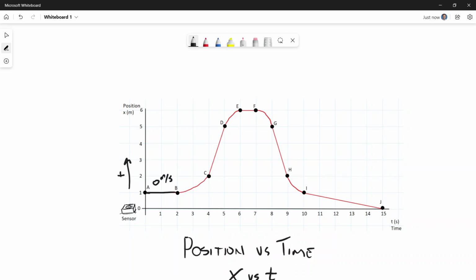However, what happens from B to C? Well, from B to C, the slope is flat at B and then steeper at C. So the velocity is increasing. This is a spot that is speeding up. So between B and C, we are speeding up.